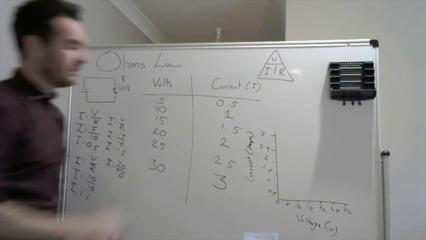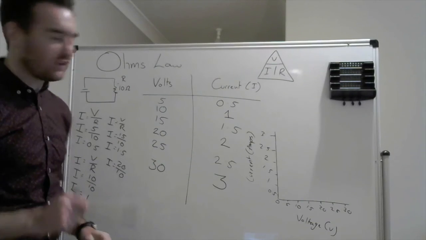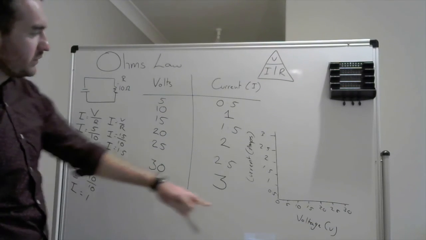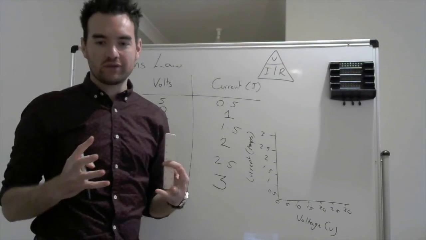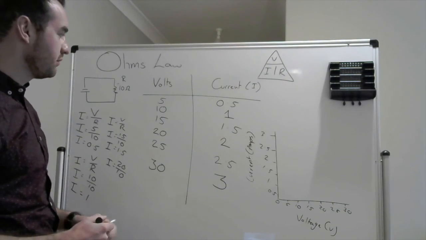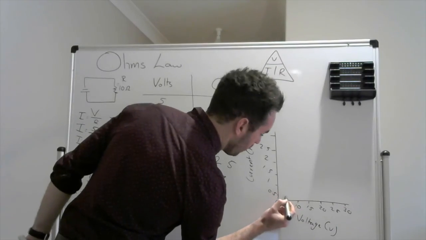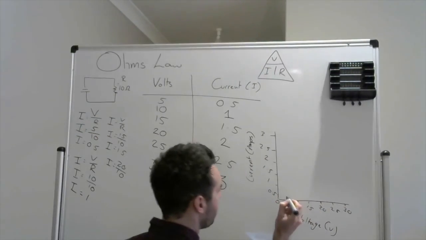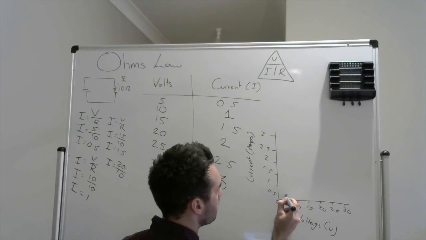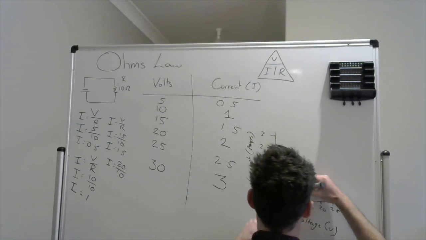So now all I need to do is read off my data. So I've got this little thing here. I might try and use this. Should have used that at the start. So we're going to now plot our data. Okay, so the data we have in this table, we're going to plot it onto this little graph. So at 5 volts, our current was 0.5. 10 volts, our current is 1.